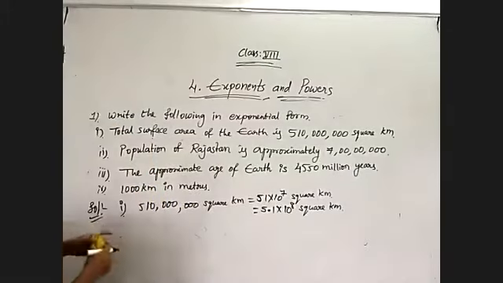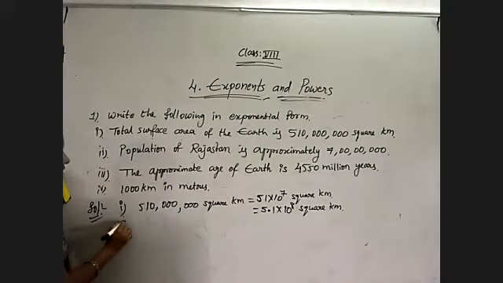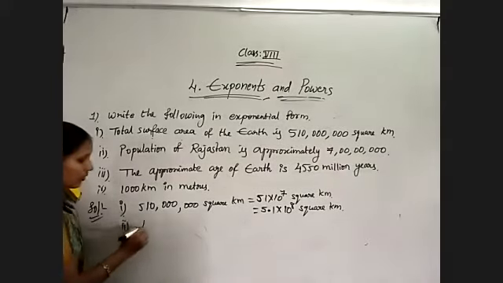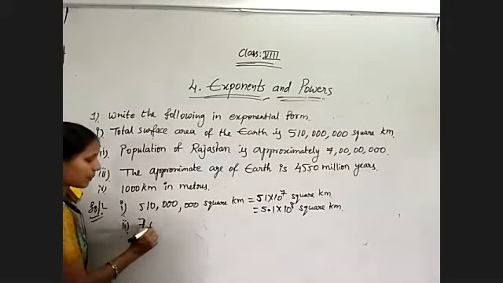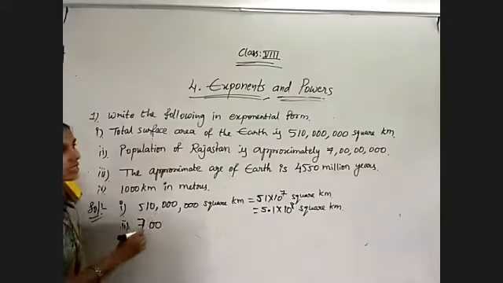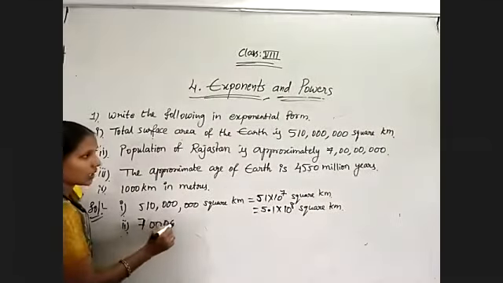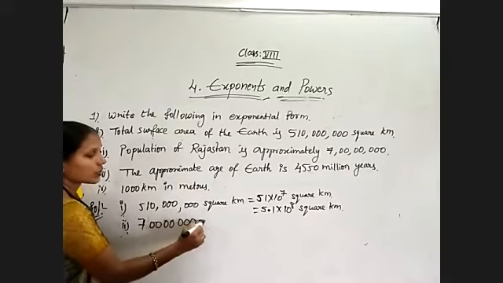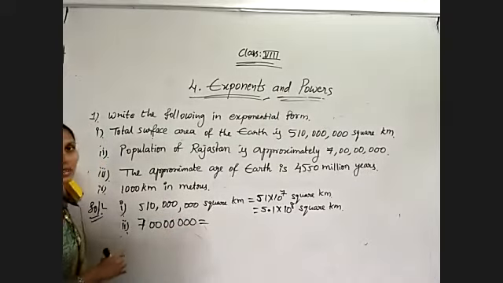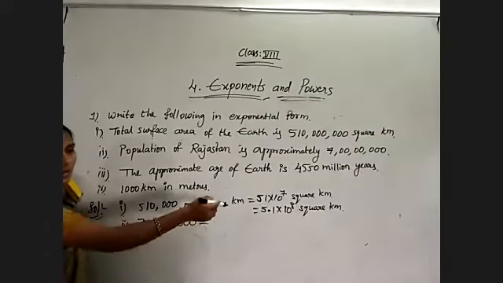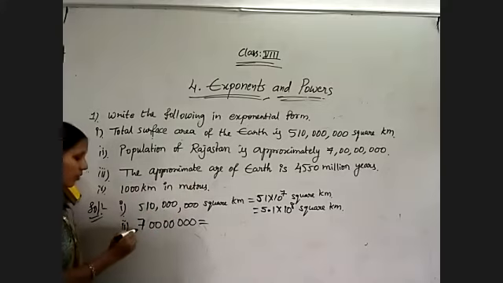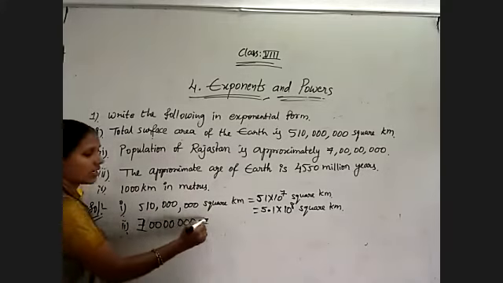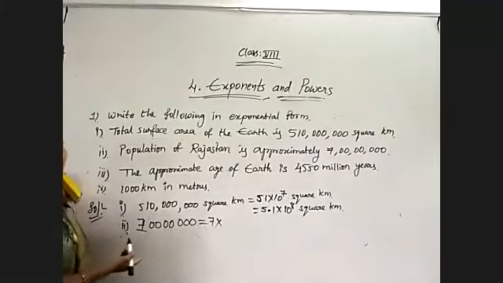Now coming to the second one, population of Rajasthan is approximately as given. So I am directly taking the values, not writing sentences. 1, 2, 3, 4, 5, 6, 7 zeros are there. What I told you, you must indicate it like a decimal number between 1 and 10. So my first number is 7 only. 7 is enough, that is in between 1 and 10.